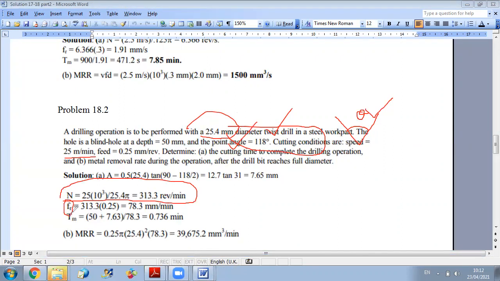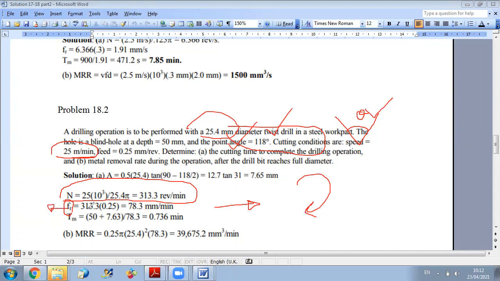You have two types of velocities. We have the rotational velocity, which is given here in the cutting conditions, the speed. You have the velocity of the tool that is advancing inside the work part. This can be calculated as the feed rate.